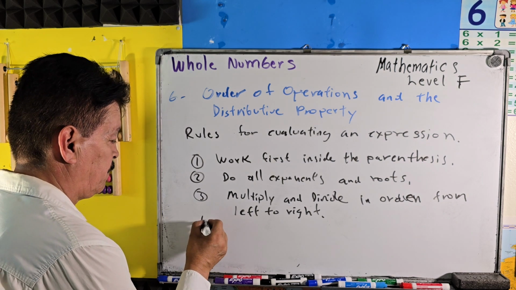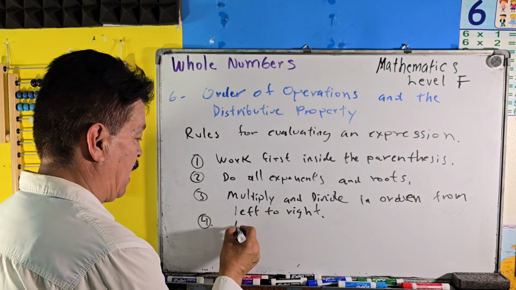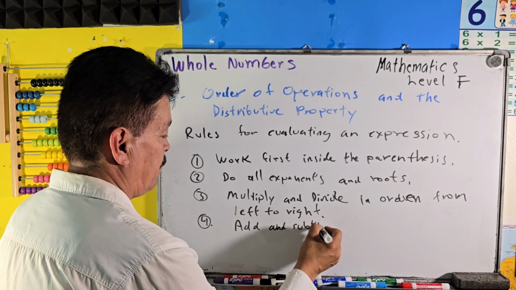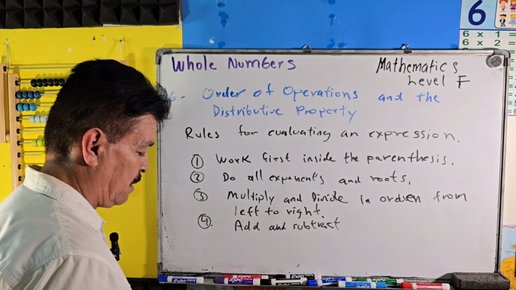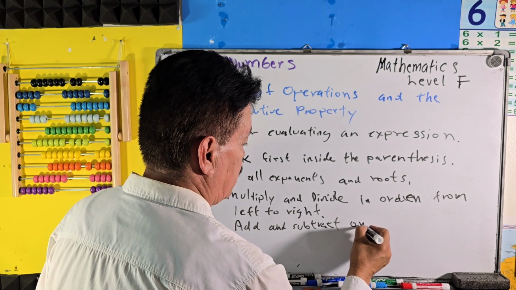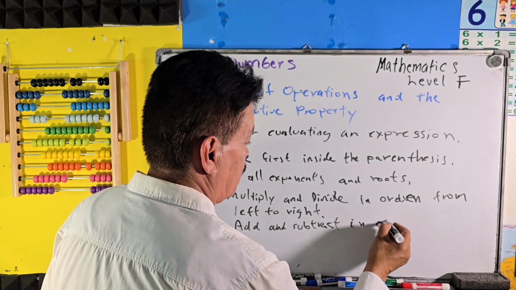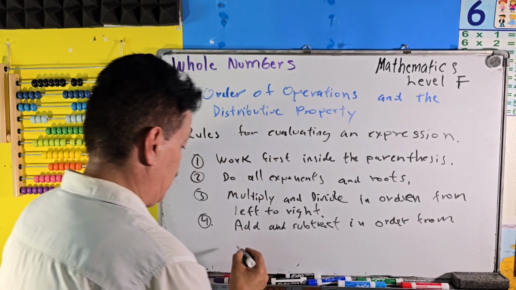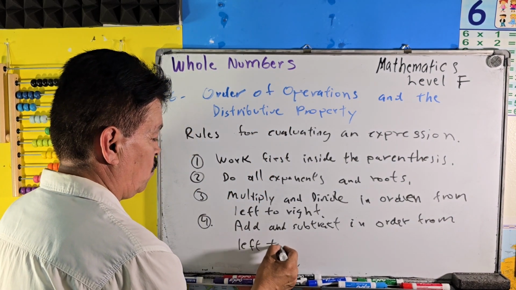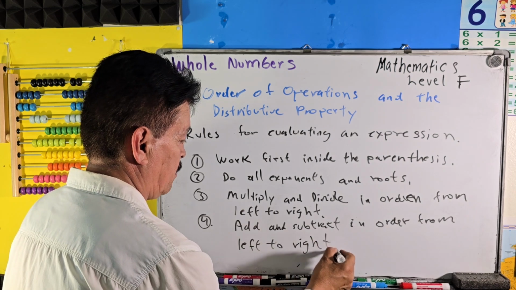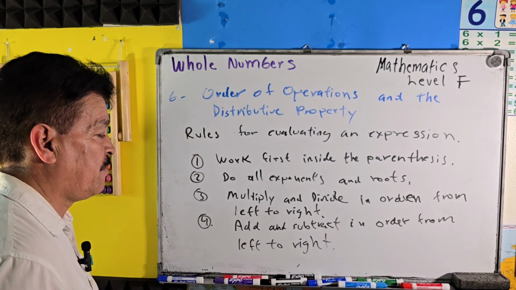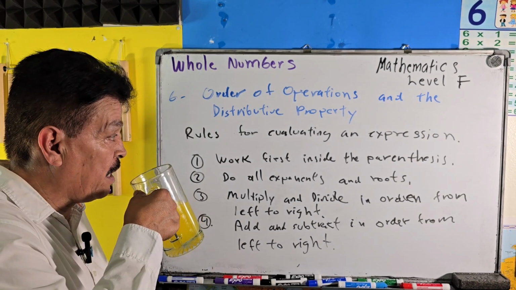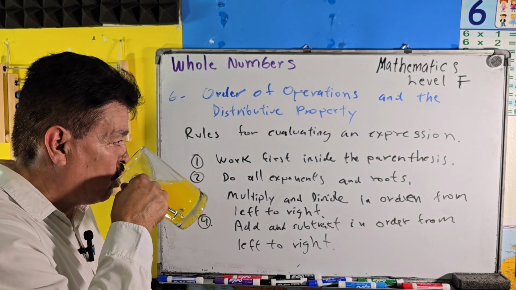Number 4, add and subtract in order from left to right. Okay, so these 4 rules we have to memorize. Take a look at these rules because I will show you some problems.